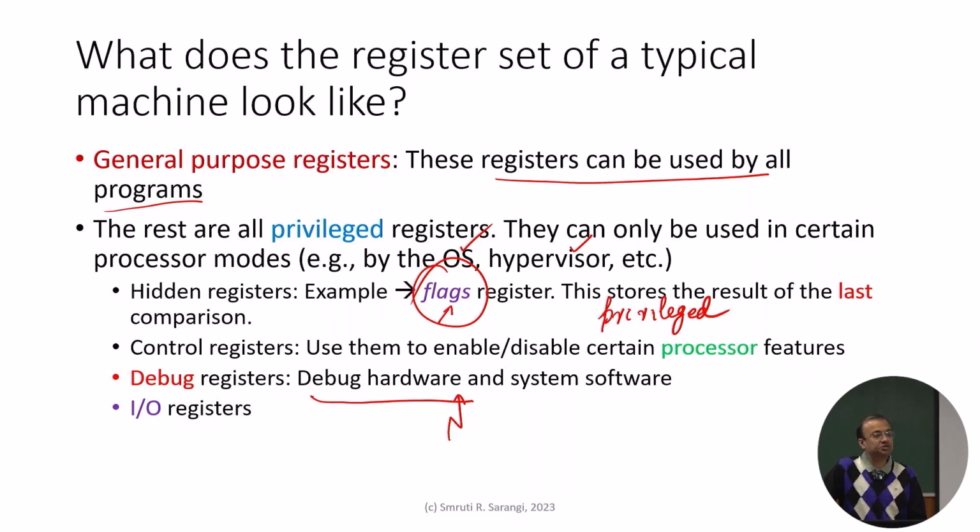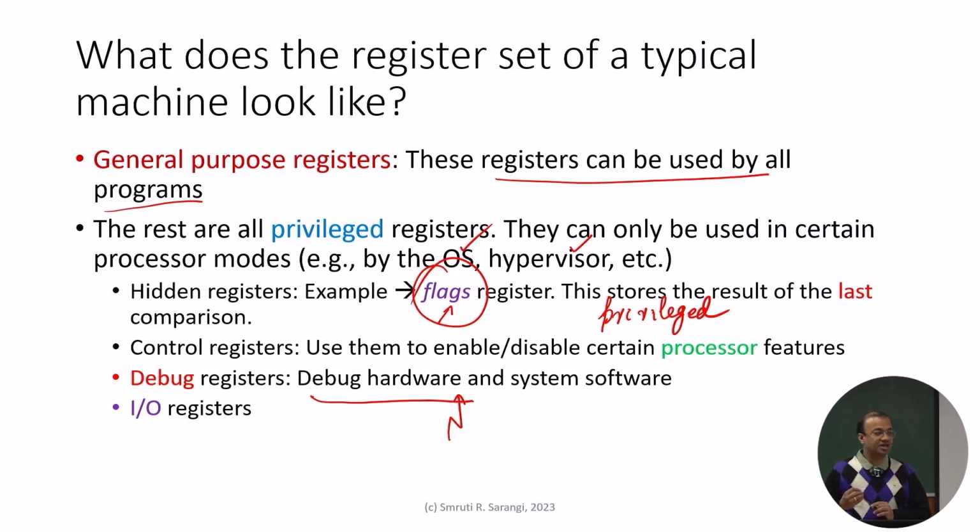But let us say I want to store all the flags in one register, then there is no way of doing so in most ISAs. They don't have a general instruction, they have a privileged instruction, where whatever is the state of the program that is normally not completely visible to you, it is made completely visible to the OS for effective transfer and storage.